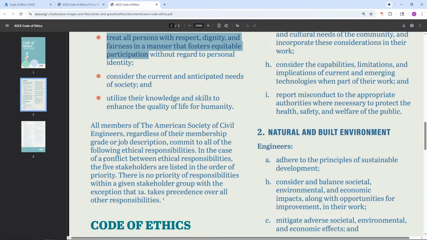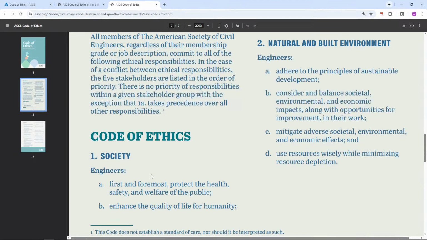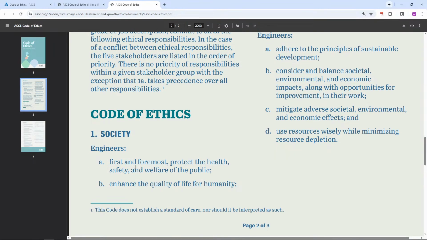In the case of conflict between ethical responsibilities, the five stakeholders are listed in the order of priority. There is no priority for responsibility within a given stakeholder group, with the exception that the public precedes all other responsibilities. So Canon 1A: engineers first and foremost protect the health, safety, and public welfare.